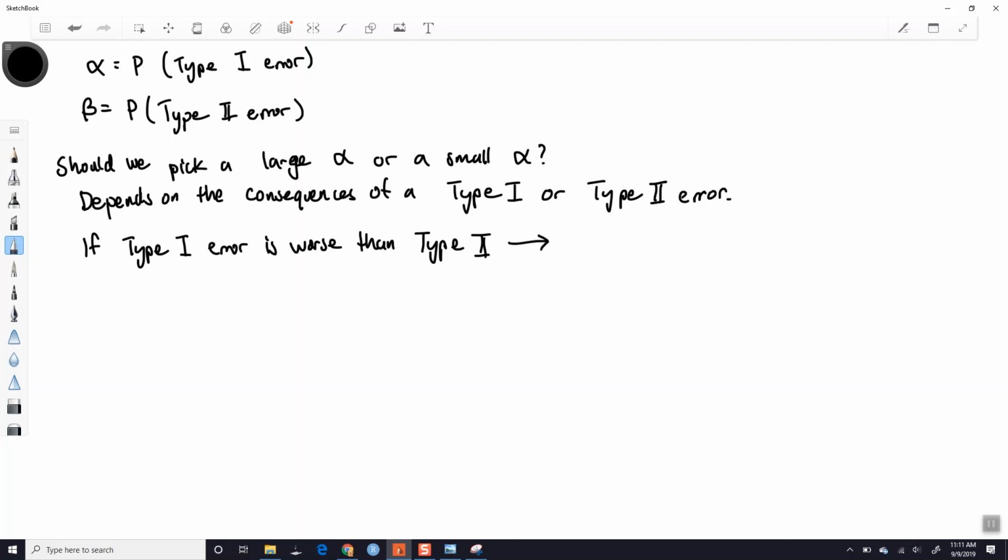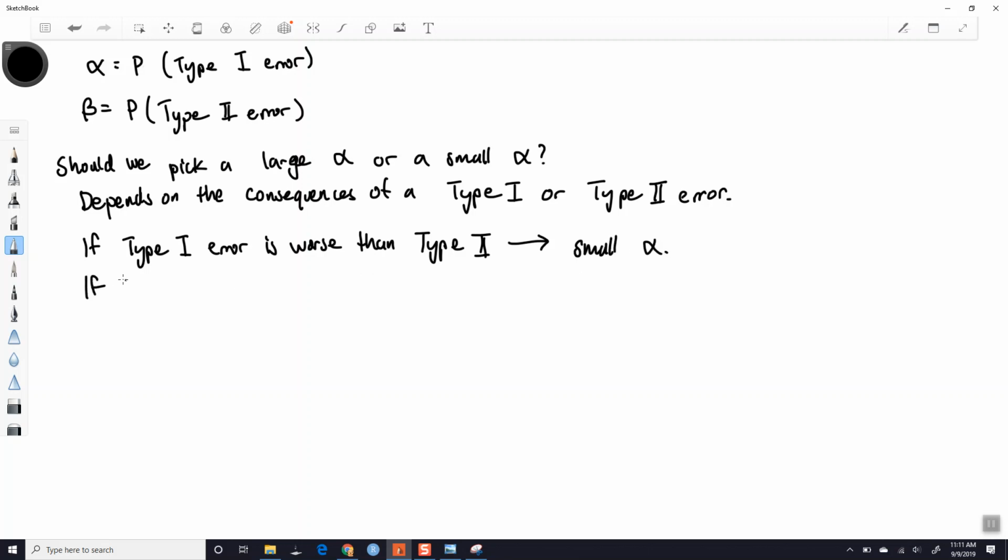So if the type 1 error is worse than the type 2 error, we would rather have a low risk of type 1 error, right? We would rather have low risk of type 1 and higher risk of type 2. So we would pick what? Big or small alpha? Small alpha.